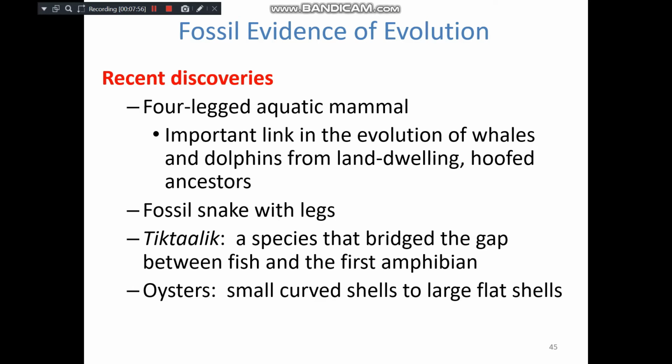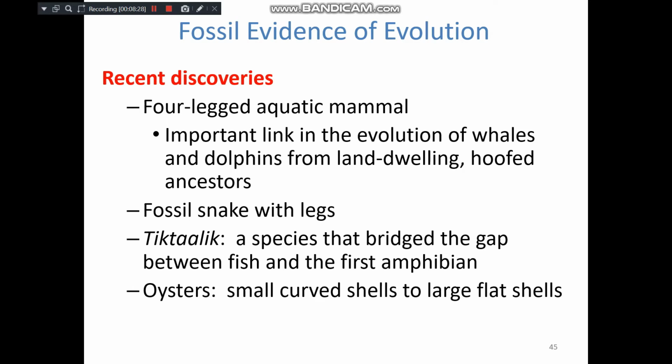Primarily they were mammals, and being mammals they were land animals. Maybe certain factors on land must have forced them to move from land to water. But how do you justify this? Fortunately, now we got a four-legged aquatic mammal, and that is considered a good connecting link between land and aquatic mammals. Even there were many fossil snakes with legs.